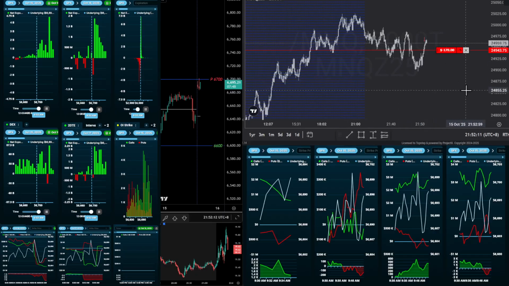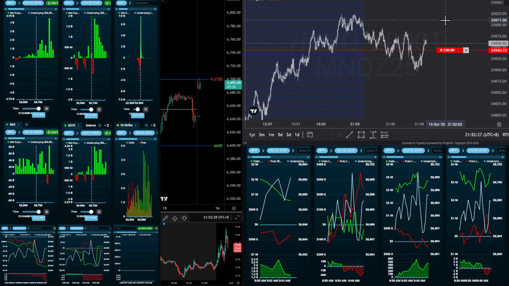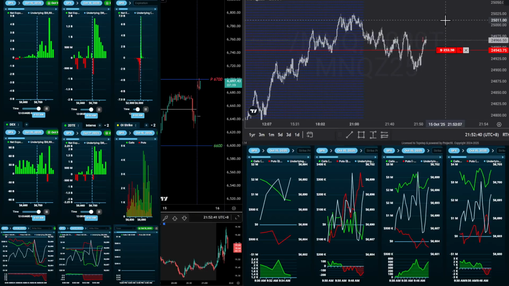So in this case, we can easily encounter a squeeze, which is very bad for a short position. So if you have this kind of position in the market in these circumstances, what you have to do is cut the position by a certain percentage.